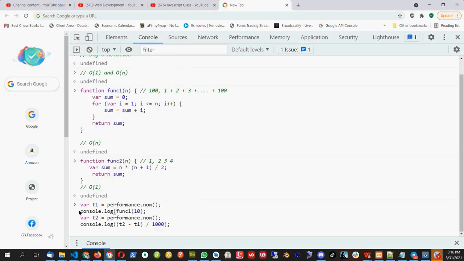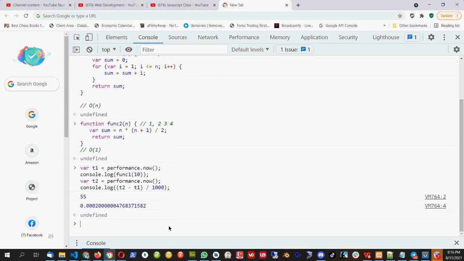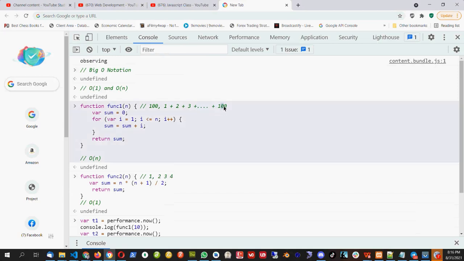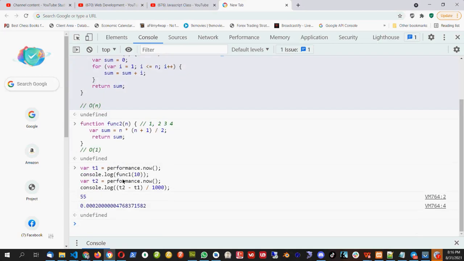So I'll do the console.log of function 1, passing n as 10. Let me press enter. You will see the sum is 55 for function 1, and the time taken is 0.002 seconds.